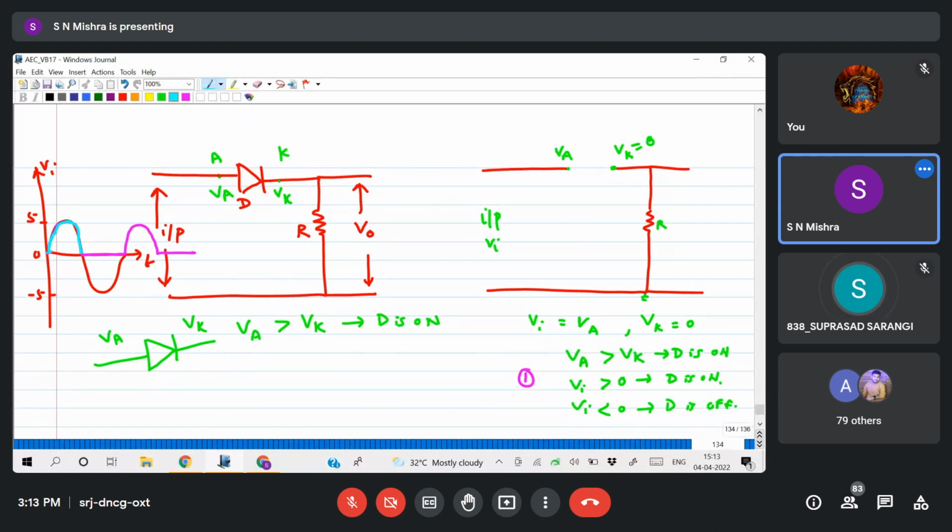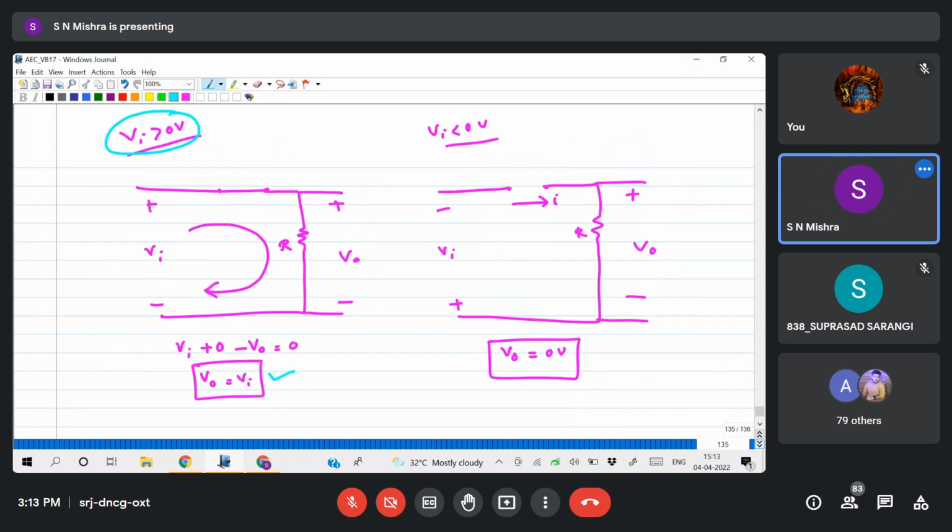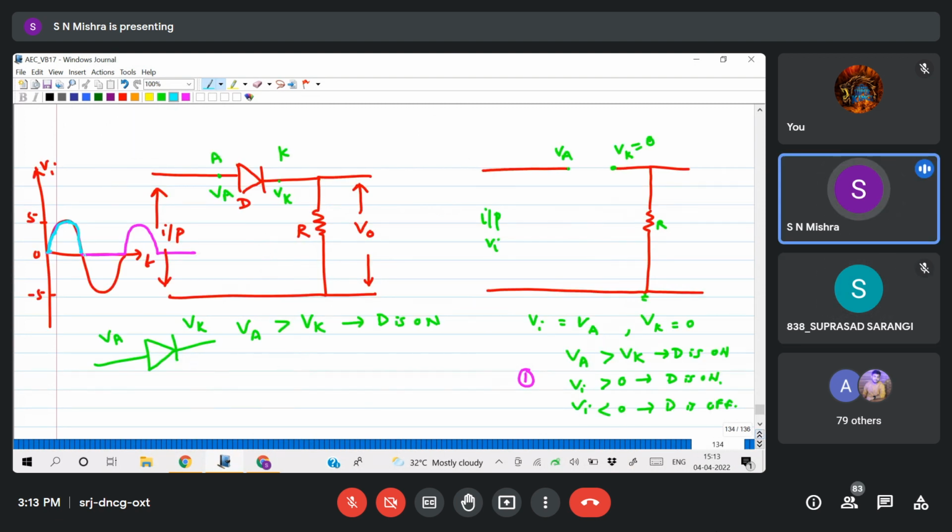As soon as it goes below 0, in the condition Vi less than 0, what is my output voltage? 0. So as soon as the input voltage goes down, the output voltage will remain 0. Again, when it is more than 0, it changes as the input voltage. Again 0, again more than 0 as the input voltage. Like that it will continue.